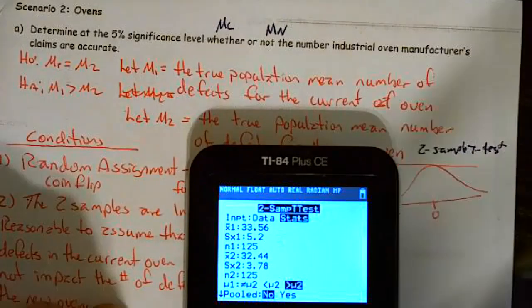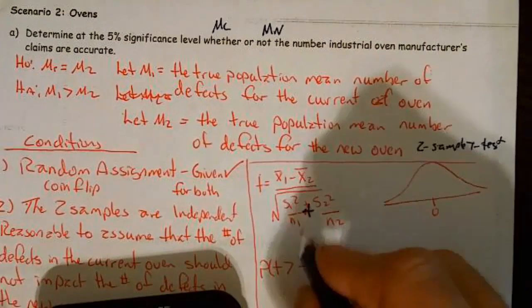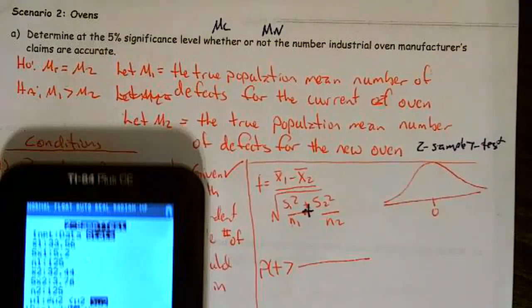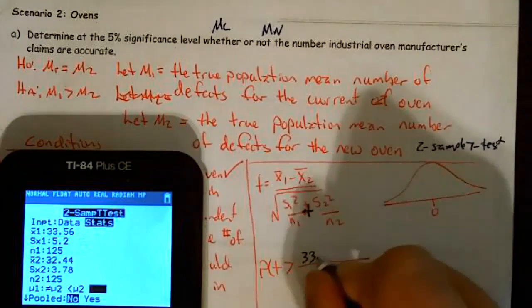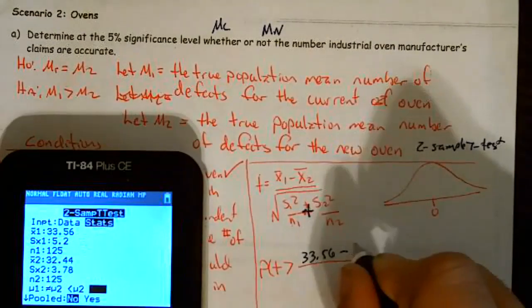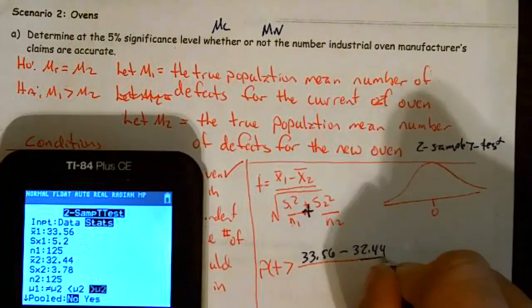So I'm going to go ahead and start plugging that information into my formula. So I have 33.56 minus 32.44.